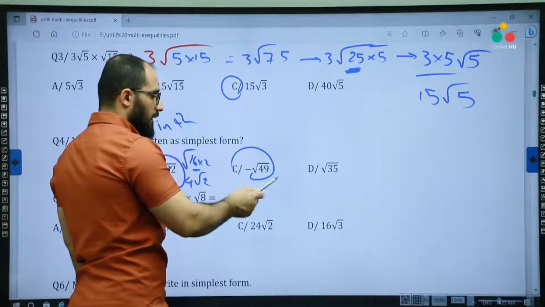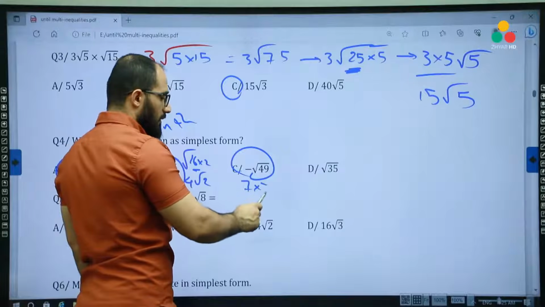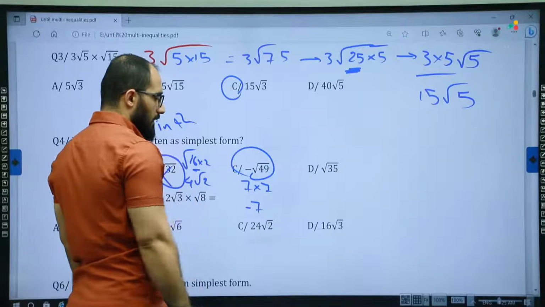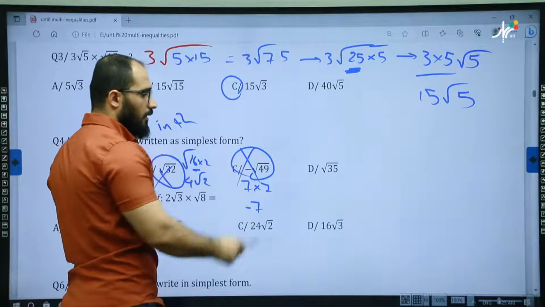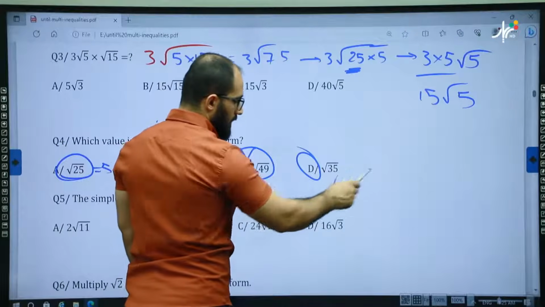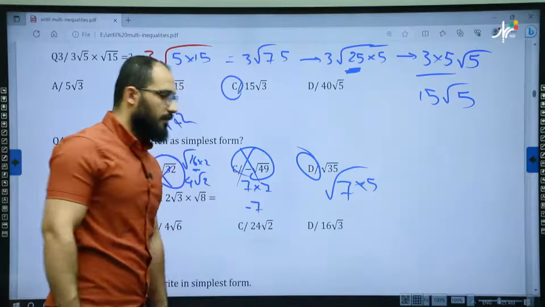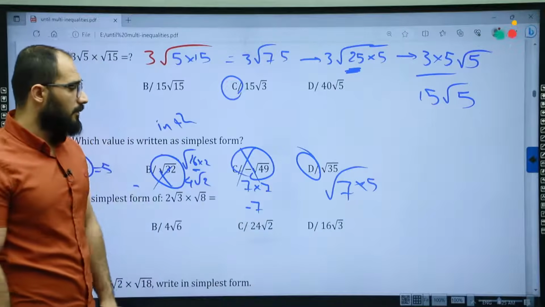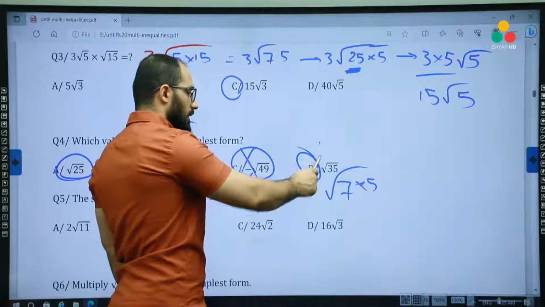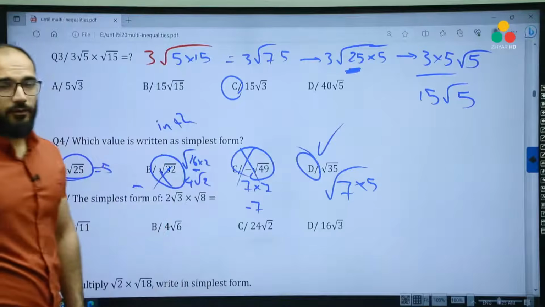Negative square root of 49. 49 is 7 times 7, then it's going to be negative 7. It's not in the simplest form. The only one is 7 times 5. Okay, none of them is a perfect square, that's why the square root of 35 is in simplest form.